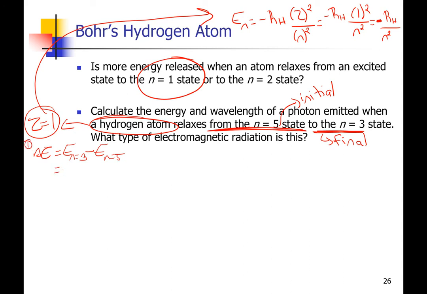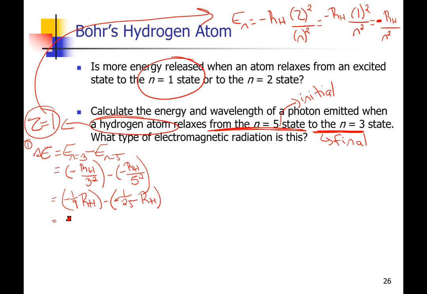So if we plug our values in here, then we have negative Rydberg constant divided by 3 squared minus negative Rydberg constant divided by 5 squared, which is the same thing as negative 1/9 of the Rydberg constant minus negative 1/25 of the Rydberg constant, or 1/25 minus 1/9 of the Rydberg constant.